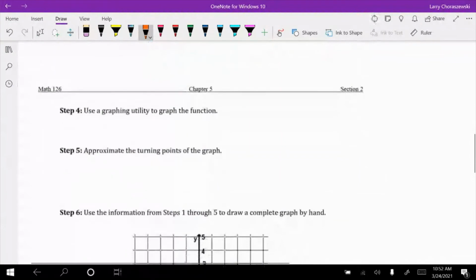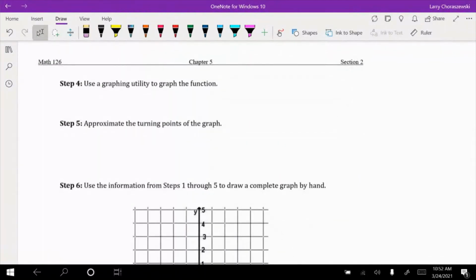Okay. So step 4. Step 4 is helpful in that when we see the graph in our graphing calculator, we'll know how to connect all the points that we're figuring out throughout this process. So for step 4, in y1, we're going to enter x to the 4th minus 4x squared.